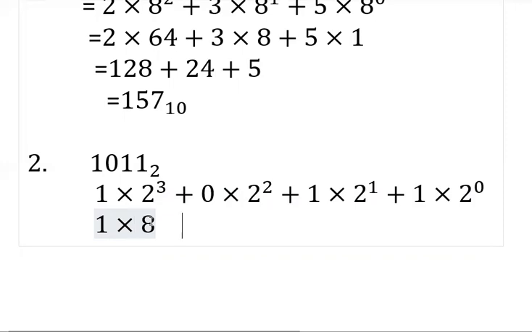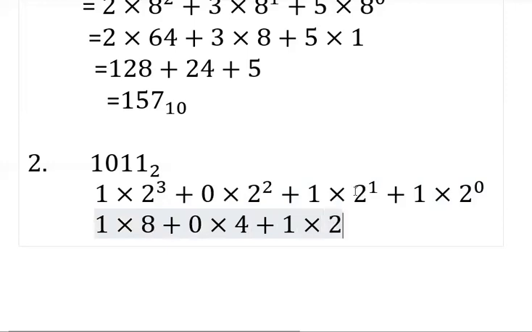Plus, you have 0 here, times 2 raised to power 2 will give you 4. Plus, you have 1 here, times 2 raised to power 1 is 2.